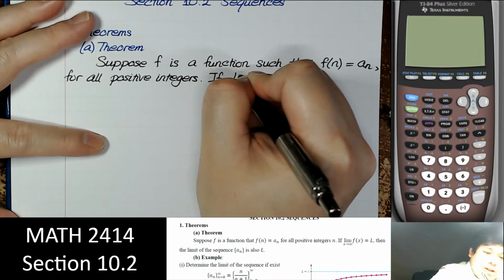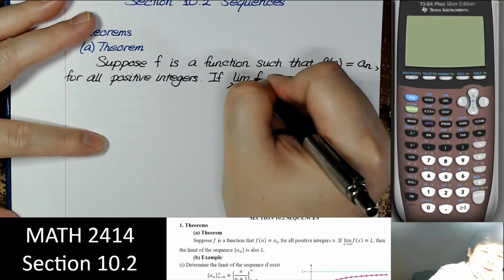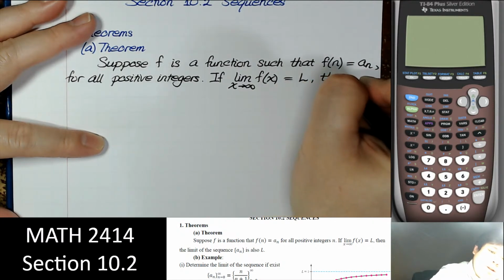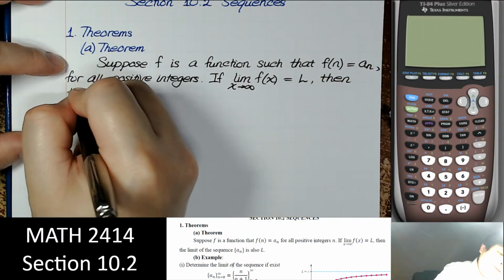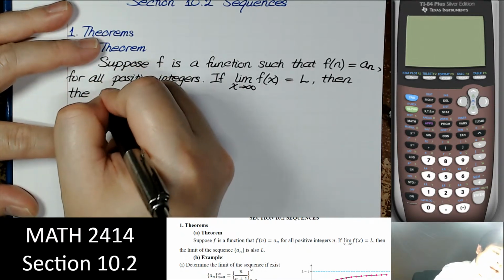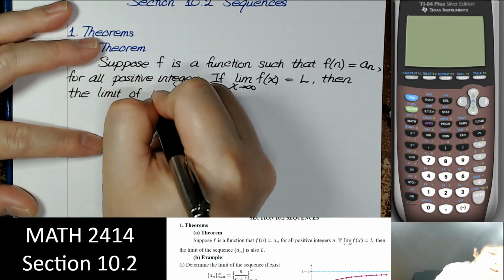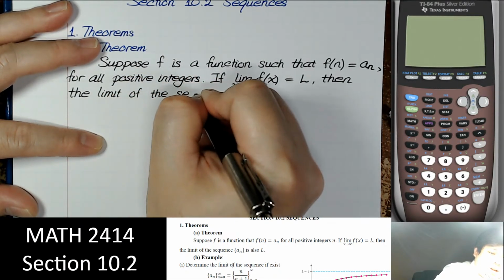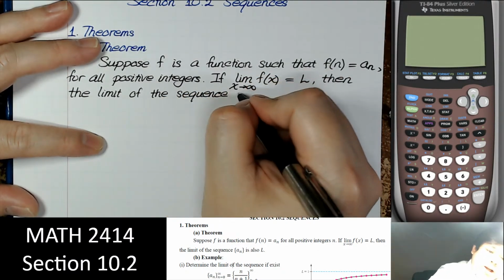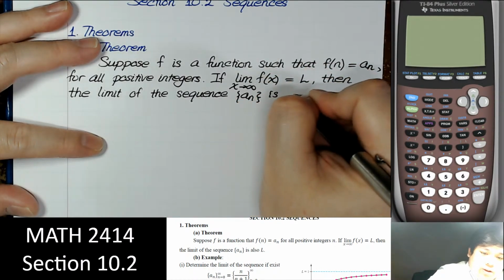And we have the limit as x goes to infinity of f of x equal to L. Then the limit of the sequence a sub n is also L.